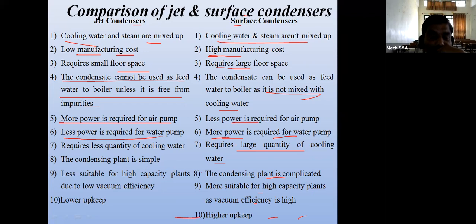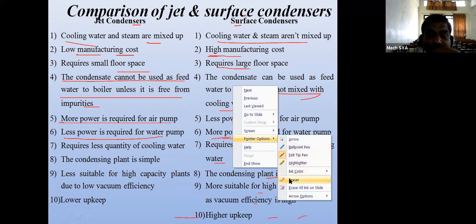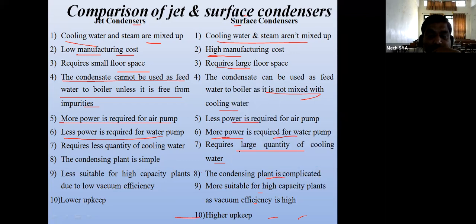The surface condenser requires a large quantity of cooling water because it is an indirect contact type, and its efficiency compared to the jet condenser is less.